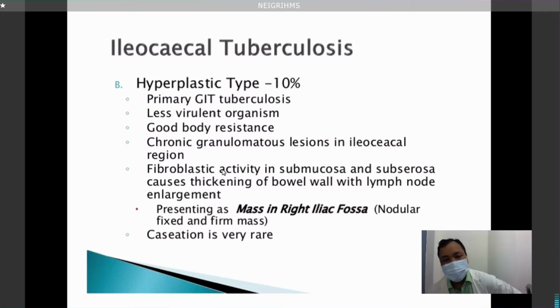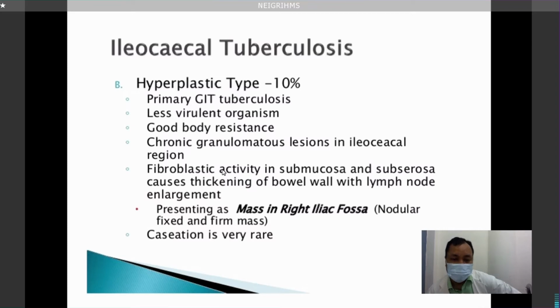The other variety is the hyperplastic type. This is especially the primary GI tuberculosis, where the organism is less virulent and the person has good resistance or good immunity, so the body's immune system can fight against the bacilli.